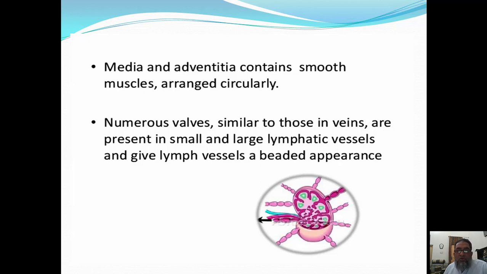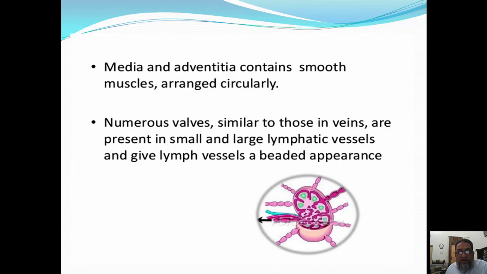Numerous valves similar to those in veins are present in small and large lymphatic vessels and give the vessel a beaded appearance. Here it is to be explained that they have valves, and these valves are more numerous compared to veins. That is why lymphatic vessels appear to be sacculated or beaded in appearance.